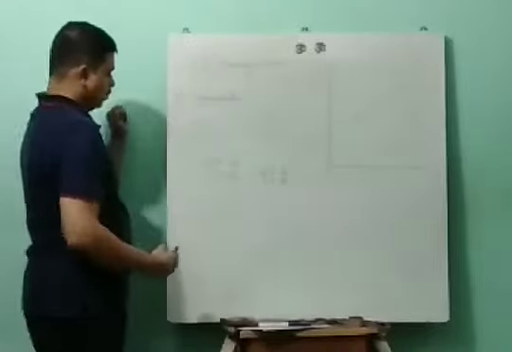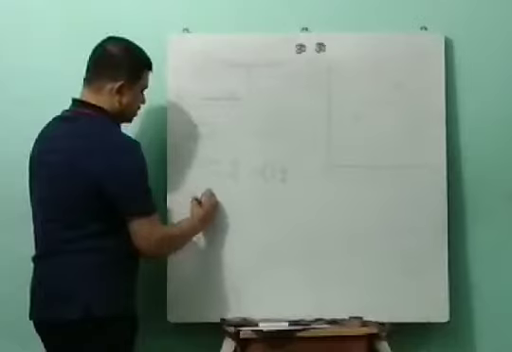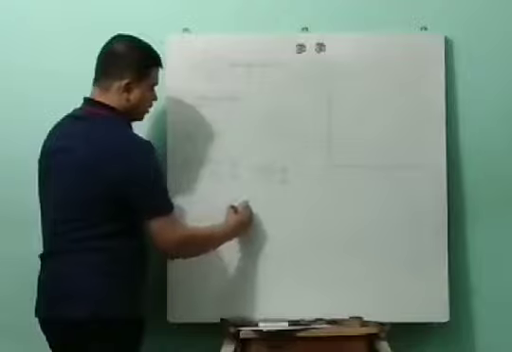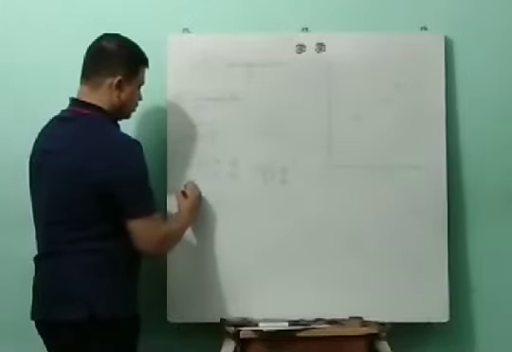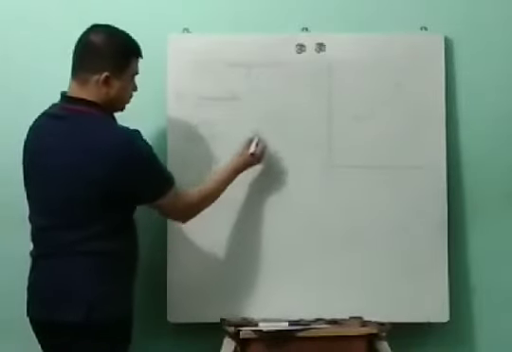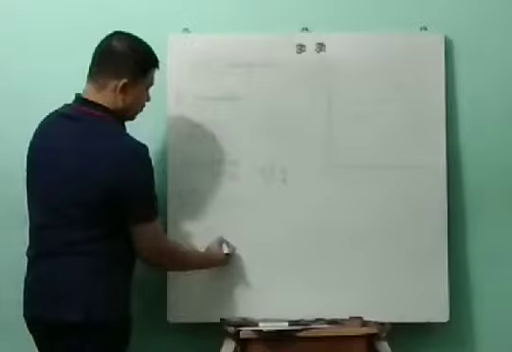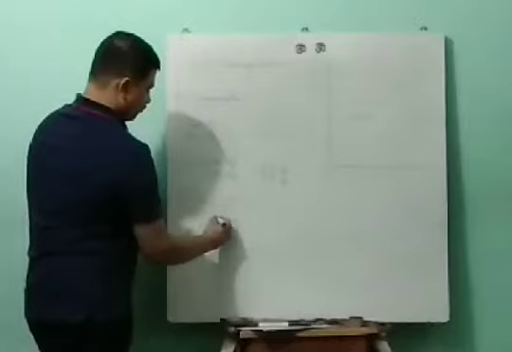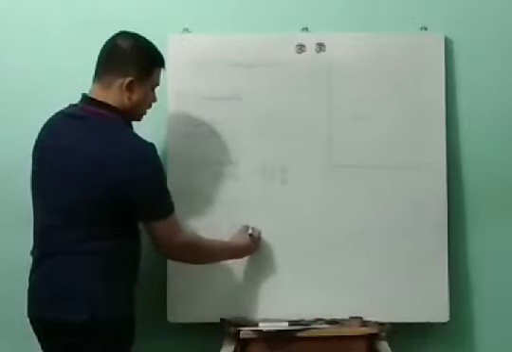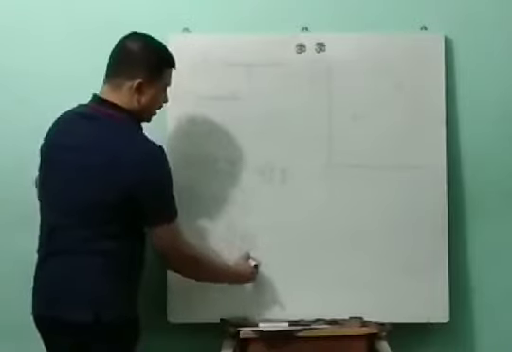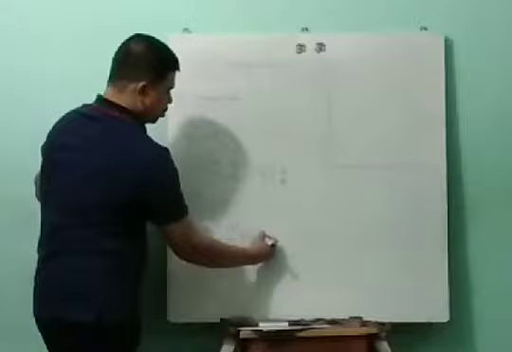Now you find the translated line L dash equal to L plus T, that is all in matrix notation, right? Now the L is x1, y1, x2, y2, that is 1, 1, 2, 4, plus the translation matrix, 2 in x direction, 3 in y direction, 2 in x direction, 3 in y direction.